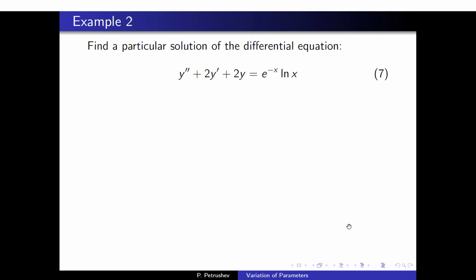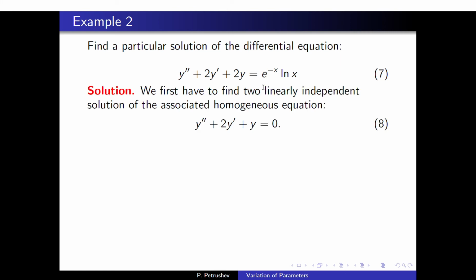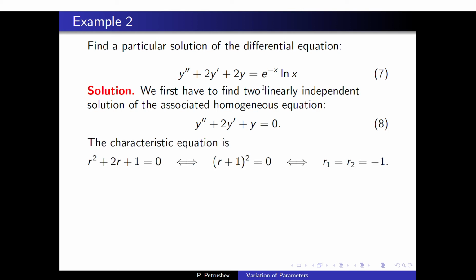Now I'm going to consider another example. Here is the equation. The problem is to find a particular solution of this equation. Again, we have to solve first the associated homogeneous equation. The characteristic equation is right here.